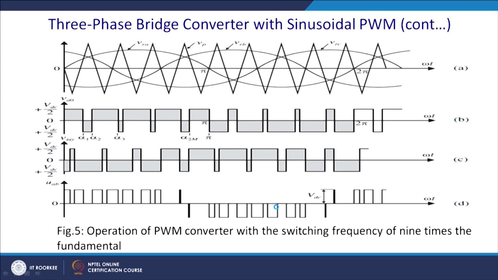These are 120 degree phase shifted 3 sinusoidal voltages. This is actually for the VAO and this is for the VBO, and ultimately if you subtract this and this, essentially you get the line voltage. Thus, the negative term will cancel and you will have unipolar voltages in case of the line voltages.